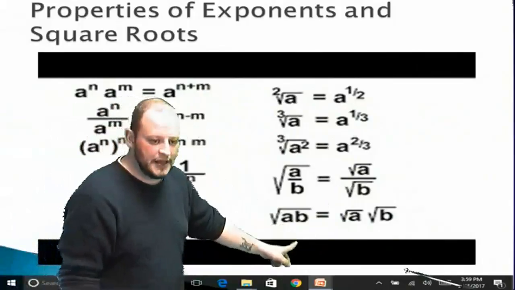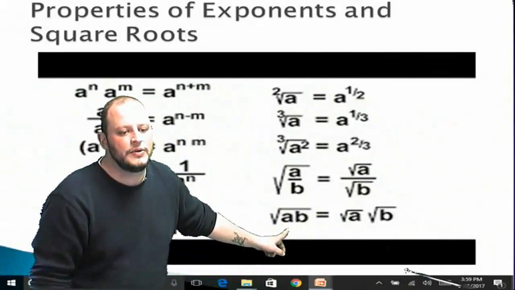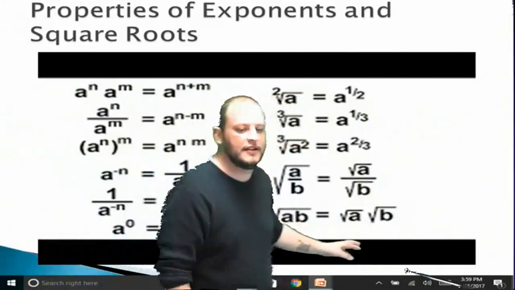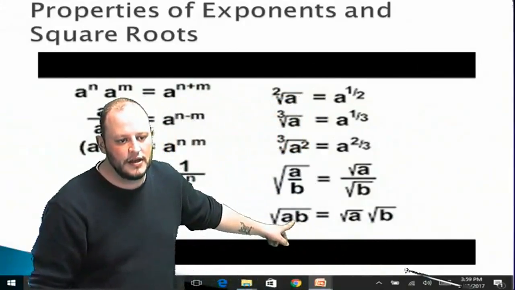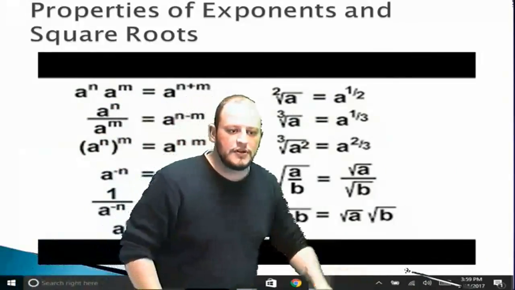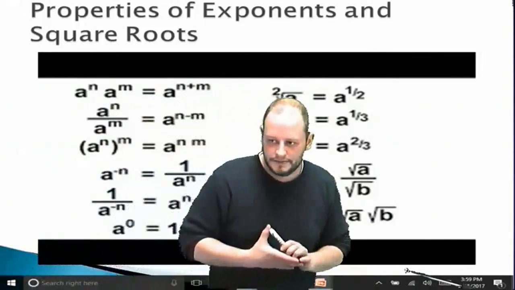Similarly, if we're multiplying two numbers together, we can take the square root of one and multiply it to the square root of the other, and that's the same thing as the square root of the whole thing. No addition, no subtraction. This rule only works with multiplication and division.